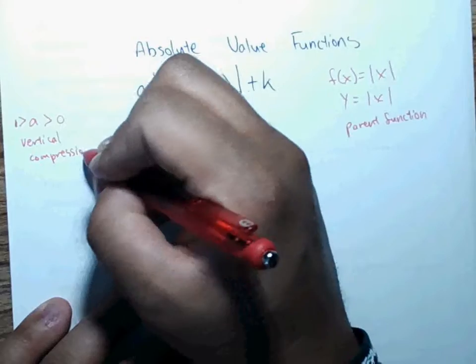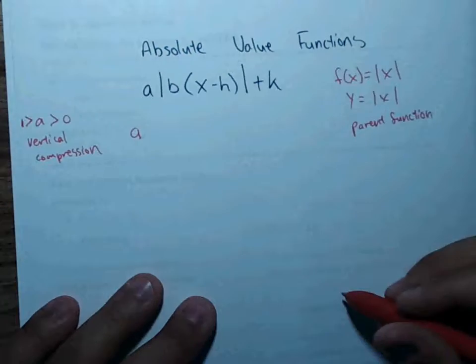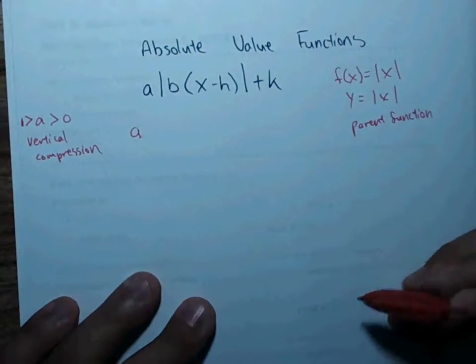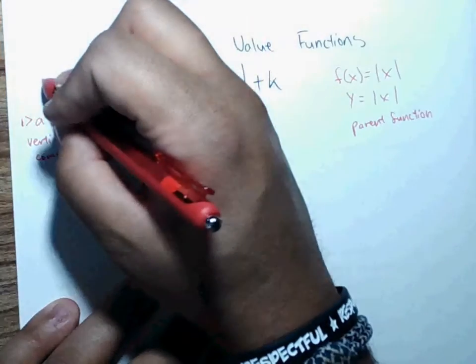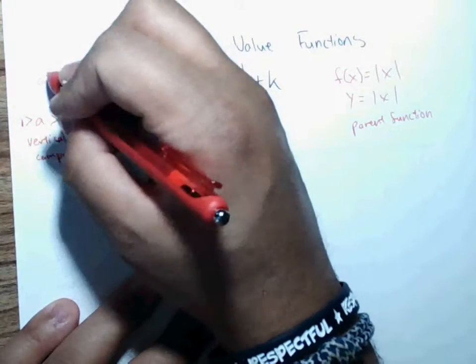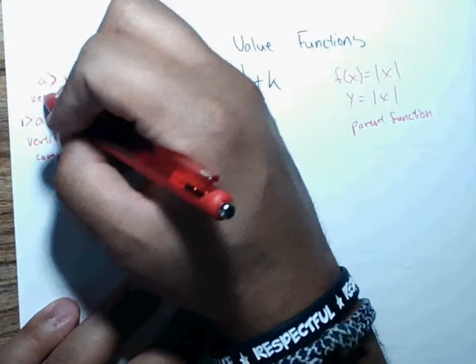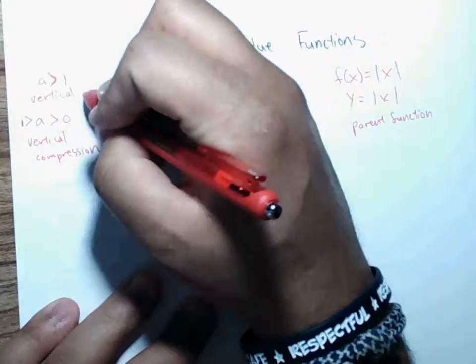We'll get into some examples of what this all looks like in a little bit. Also, if a is greater than 1, it is going to be a vertical stretch.